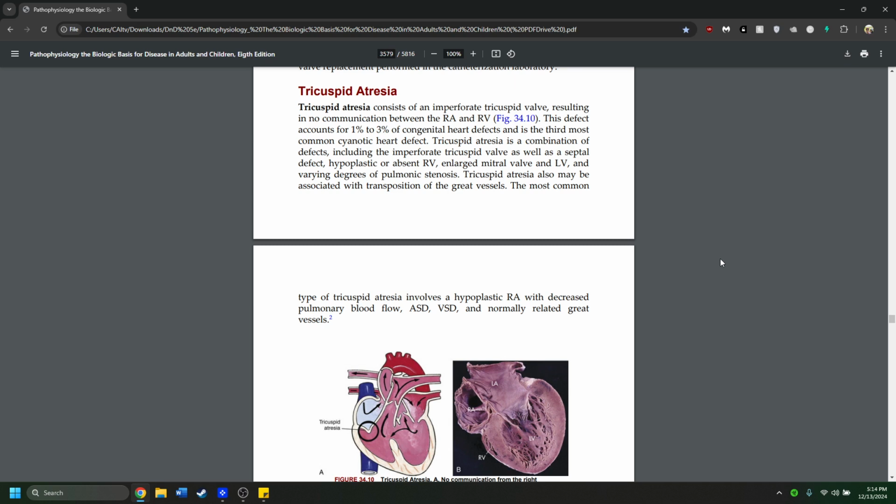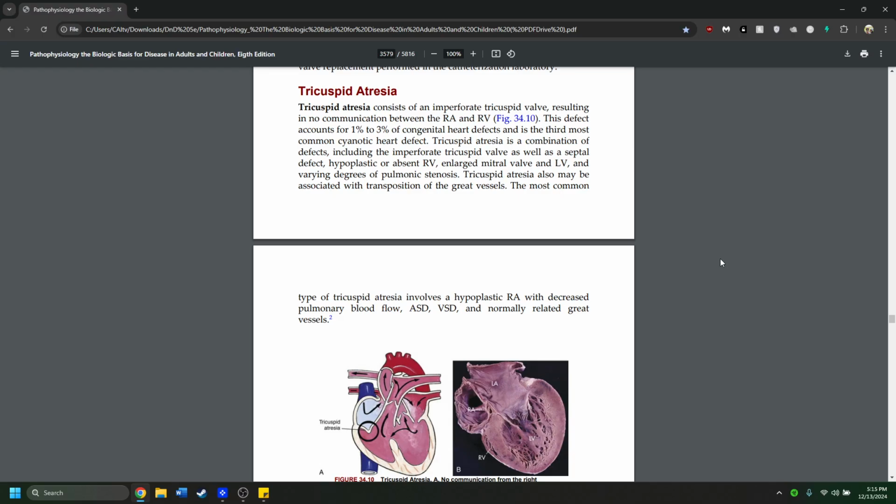Tricuspid atresia is a combination of defects, including the imperforate tricuspid valve, as well as a septal defect, hypoplastic or absent right ventricle, enlarged mitral valve and left ventricle, and varying degrees of pulmonic stenosis. Tricuspid atresia also may be associated with transposition of the great vessels.